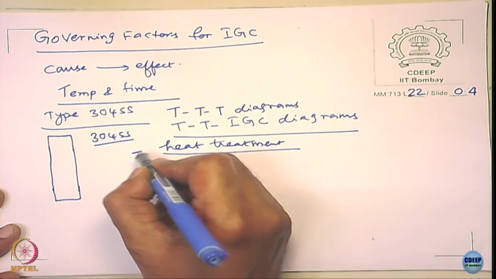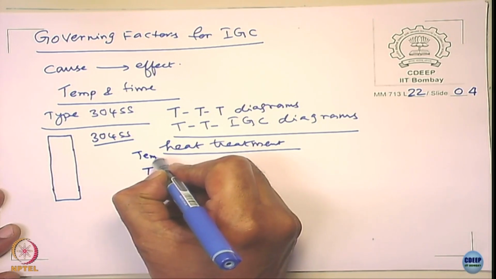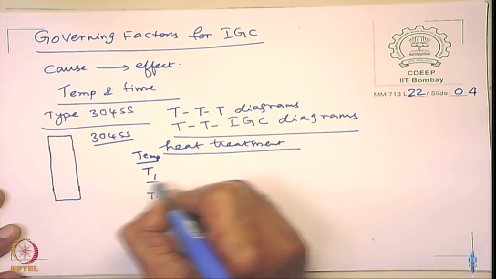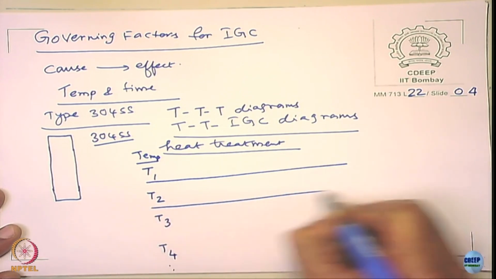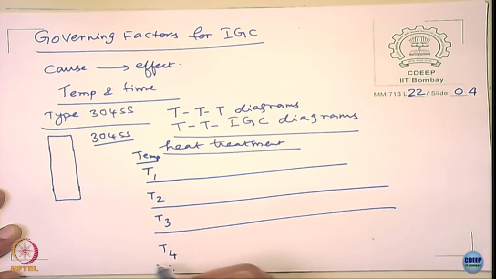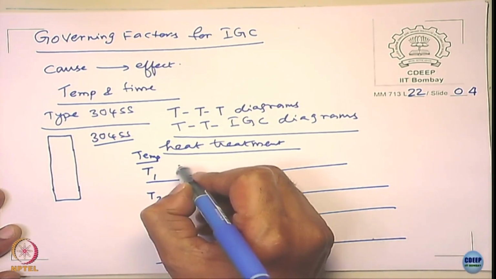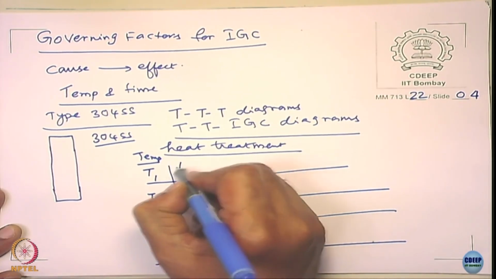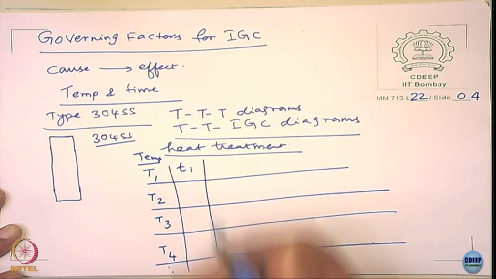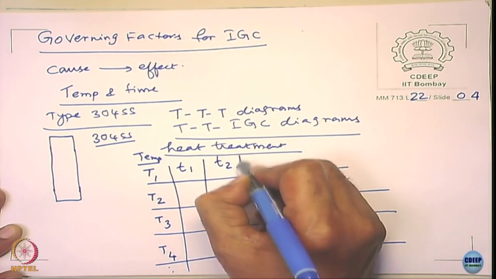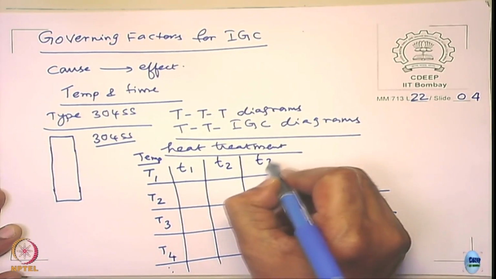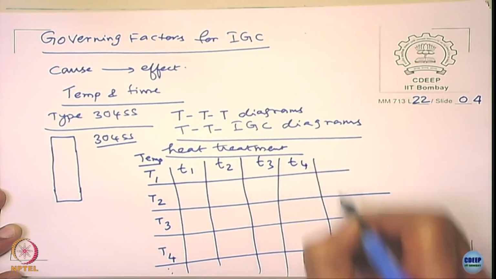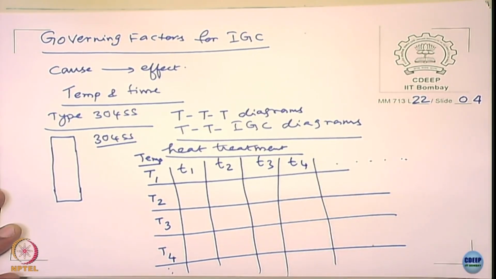This is the temperature. For different time intervals, say t1, t2, t3, t4, etc. Keep doing that actually, okay.